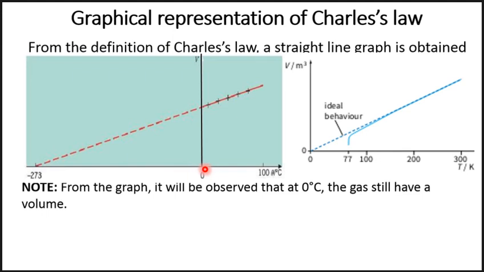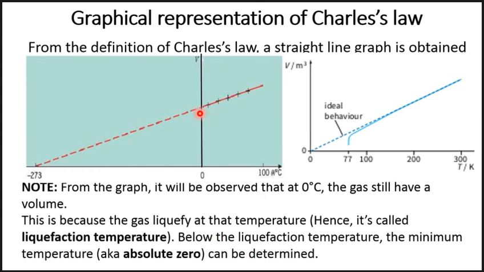So this 0 degrees Celsius is more or less regarded as the liquefaction temperature. Now, below the liquefaction temperature, what I mean is that when I'm going below, that means I'm moving in the negative direction. Above is in the positive direction. So when I go below this liquefaction temperature, that means I'm going in this direction to the negative.